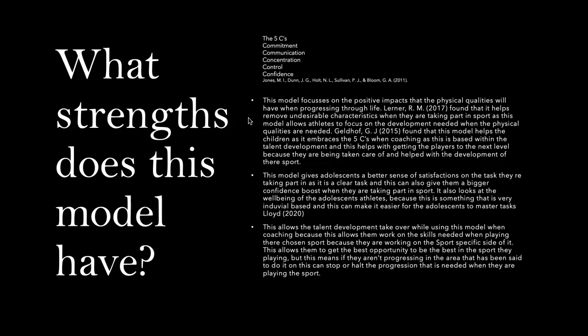While using this model of coaching, it uses the 5 C's, which are commitment, communication, concentration, control, and confidence. This is all very key to the one-to-one sessions, because you've got to be committed to it, communicate, keep the concentration, keep control, and keep the confidence. And this will help nurture players.